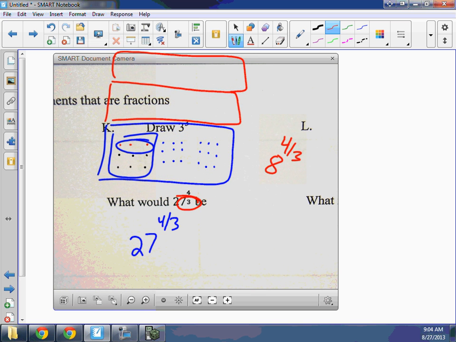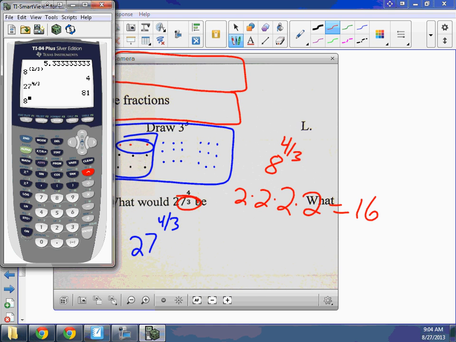So this is saying 8 is 2 times 2 times 2. How many 2's do I need to complete the answer? 4 of them. Times 2, which is 16. So if I did 8 raised to the 4/3, I would get 16. Because I have 3 doubles, and I need 4 doubles for my answer, and 4 doubles is 16.